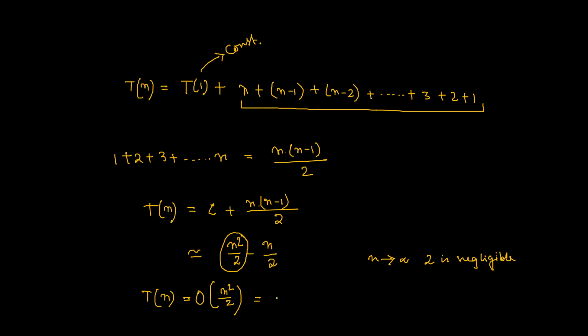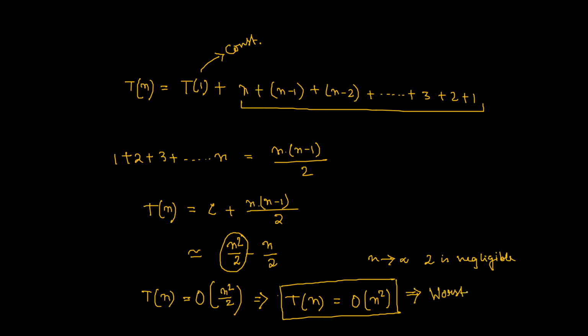So you can say that T of n will be equal to big O of n square, and this is actually the worst case of quicksort.